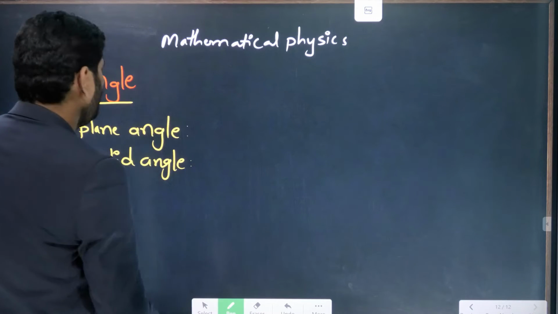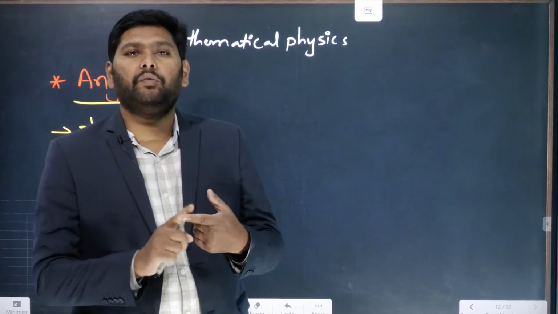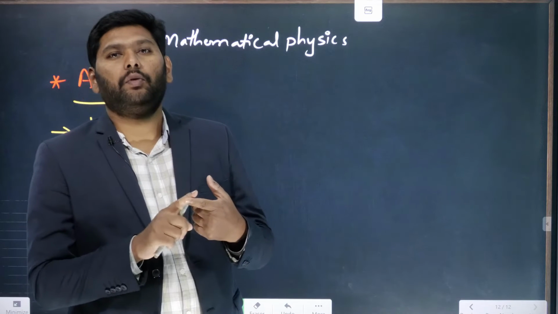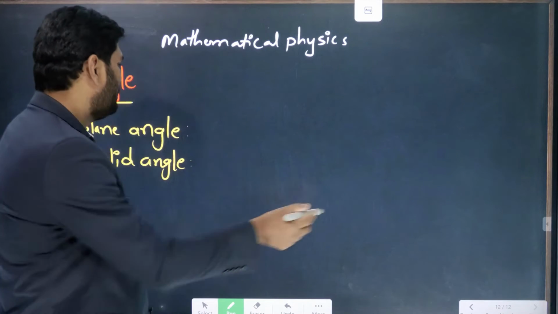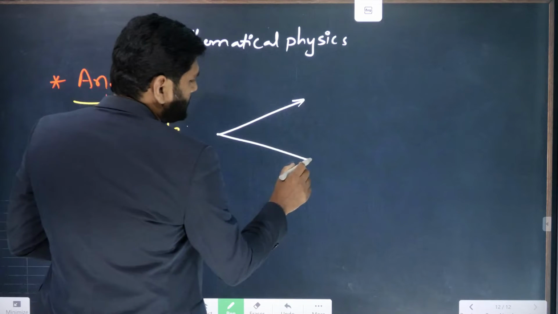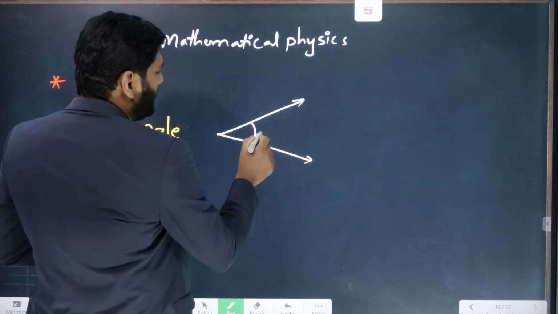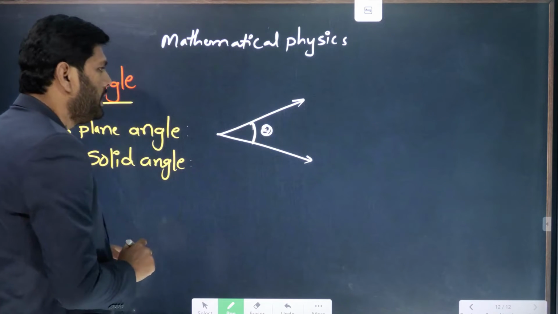The plane angle means the angle between two planes or the angle between two lines. For example, this is one ray and this is another ray. This angle is called the angle between the two lines.